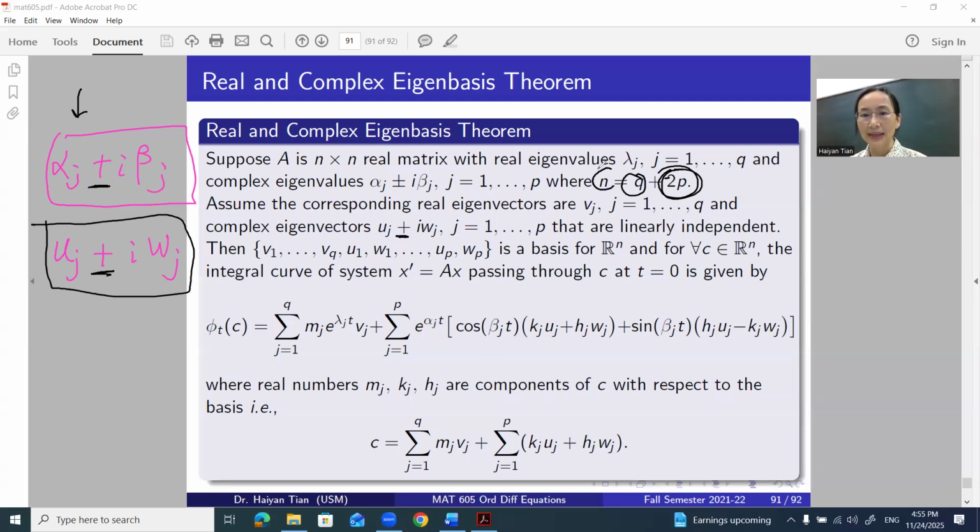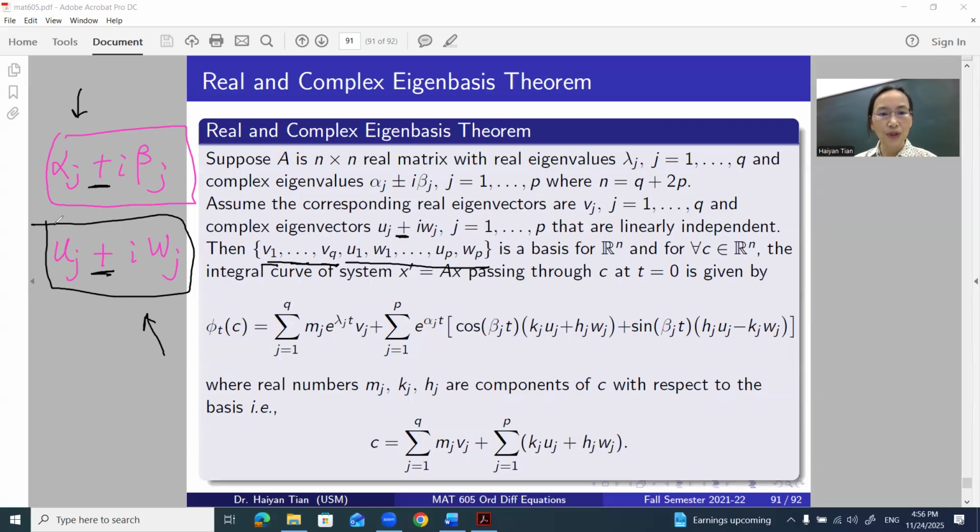Together, we have n eigenvalues, including those repeated, because some eigenvalues may be repeated. Together, all these real eigenvectors or complex eigenvectors give us n independent eigenvectors.